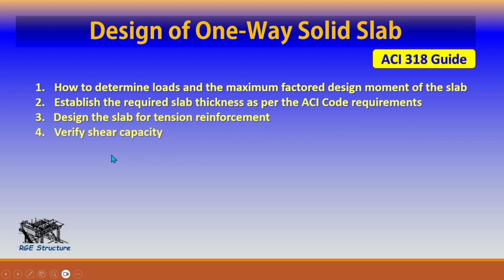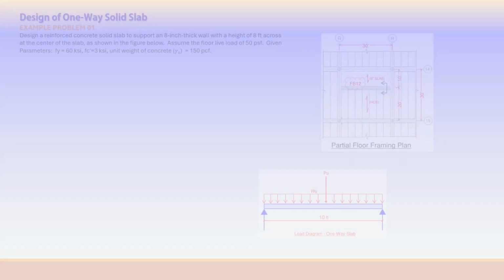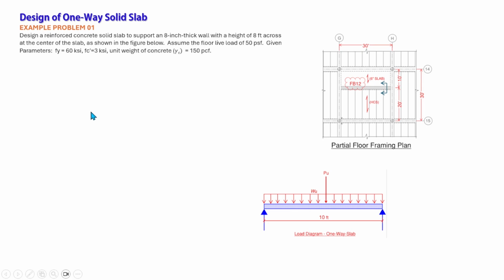Then we will verify the shear capacity, whether the strength of concrete is sufficient to carry the shear. Then number 5 is temperature and shrinkage reinforcement and detail of rebars. So let's get started with our problem.